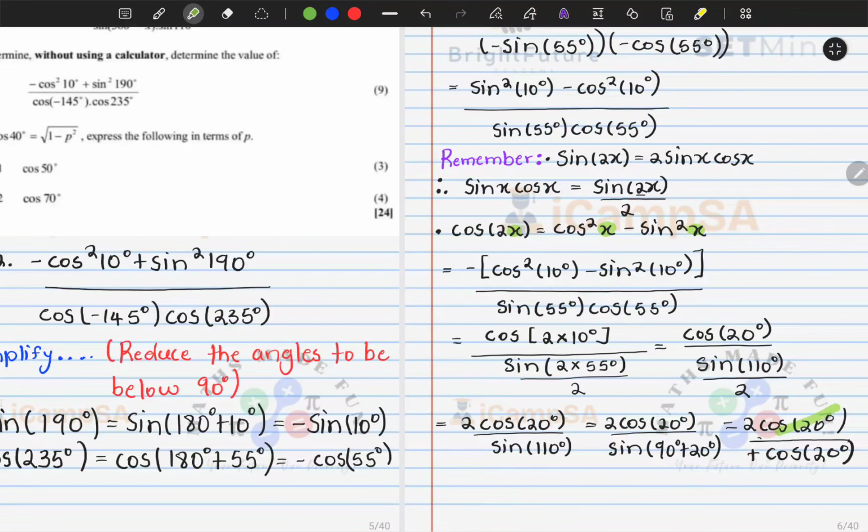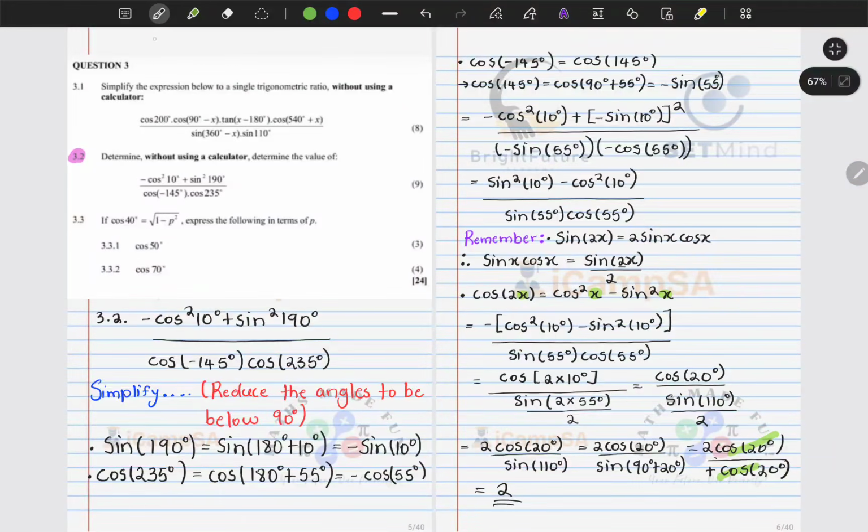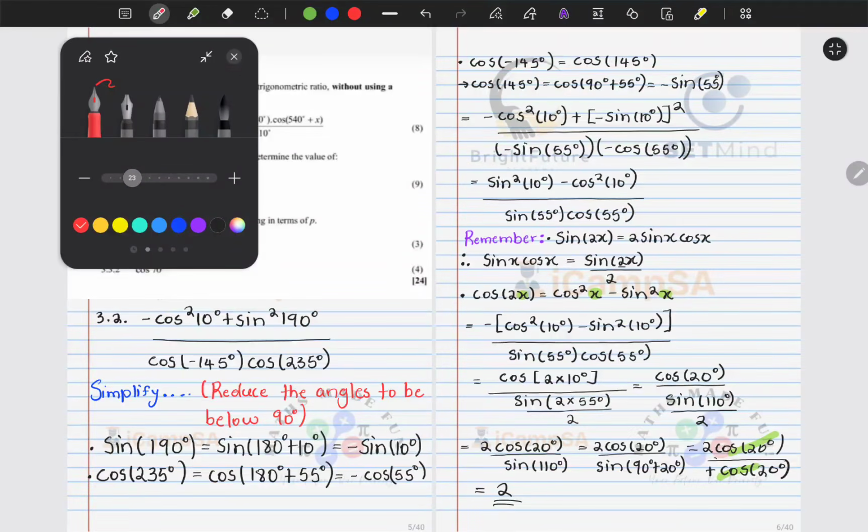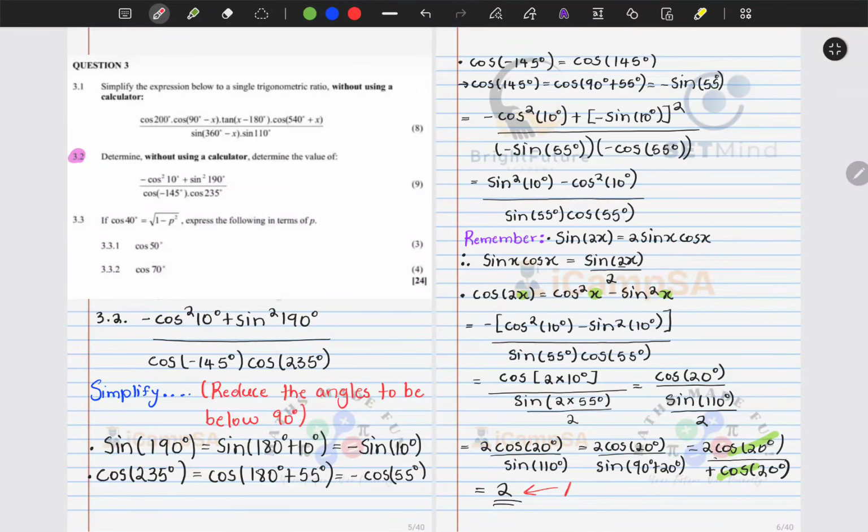And what will happen is this term and this term will cancel, leaving us with 2. Okay, so this means that entire expression simplifies to 2, and this here becomes our answer for this question. Okay, hope you guys understand. Let's move to the next question.